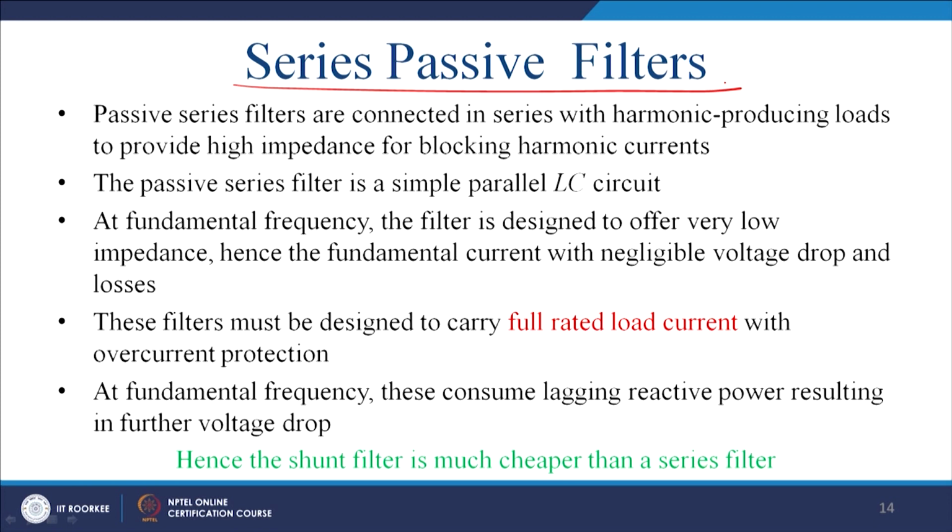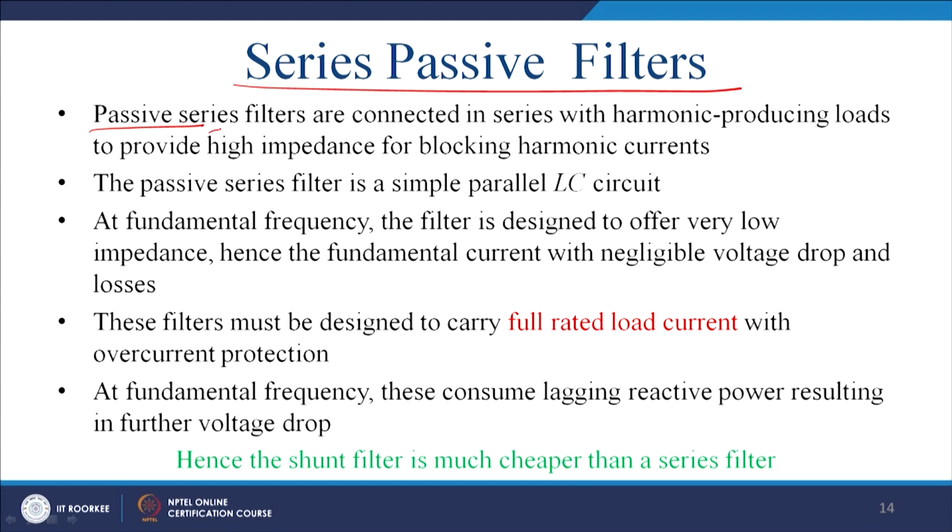So, just the reverse is required in the case of the series passive filter. There is also a problem of transients because you can have a series resonance, and that will increase the value of the current.